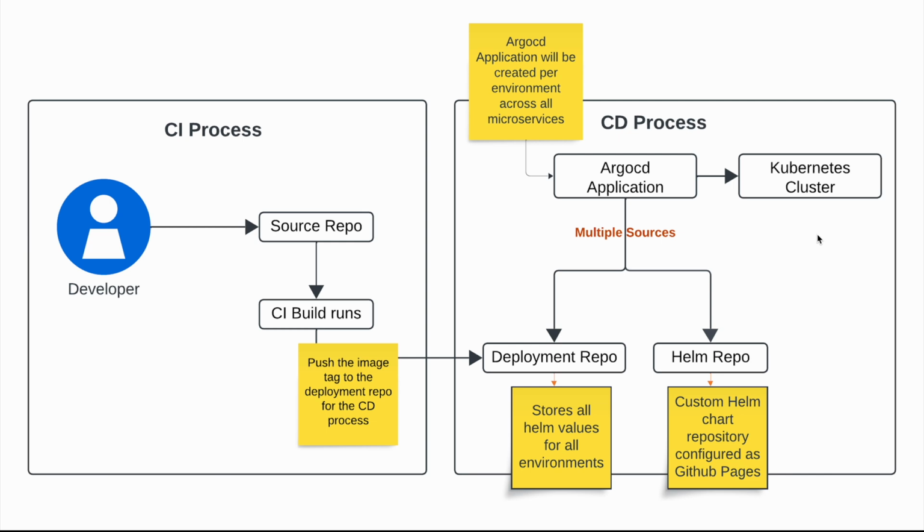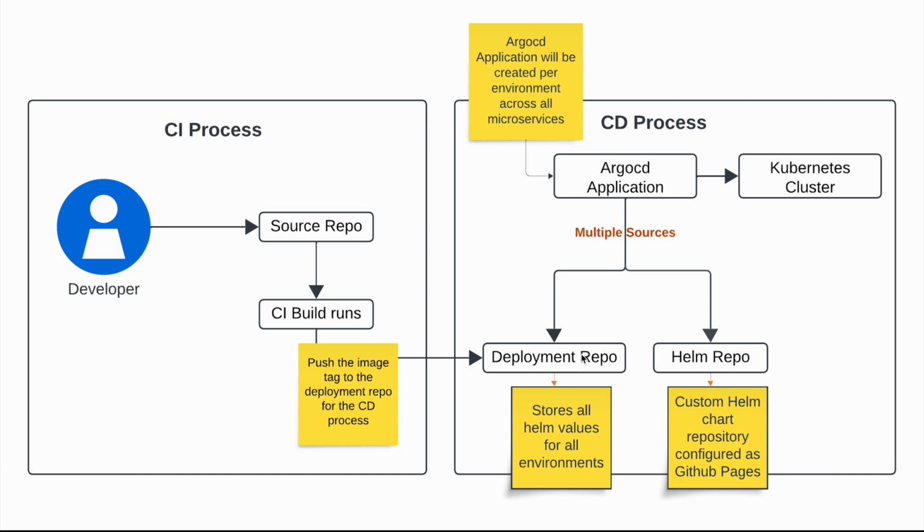So now let's talk about the CD process, like continuous delivery process. How does that look like here? So for CD process, first you need a deployment repositories. So this is also considered as a best practice, that when you are using the GitOps flow or using Argo CD, your source repo and your deployment repo should be in different repositories altogether, so that it makes your process smooth and you can always track changes, what is deployed at what time.